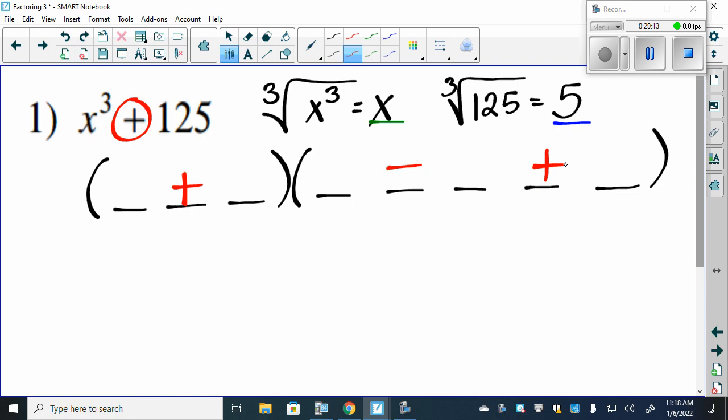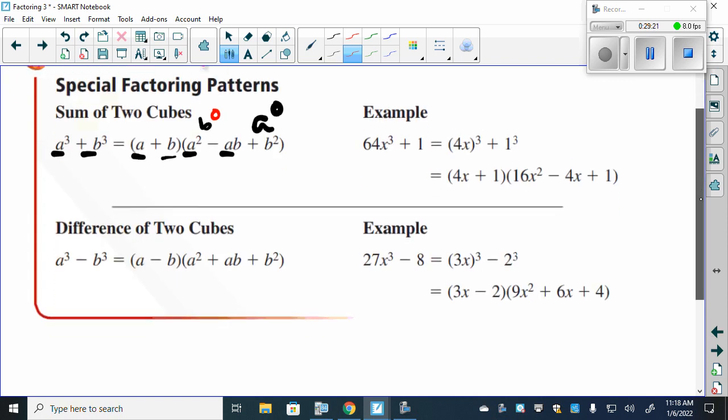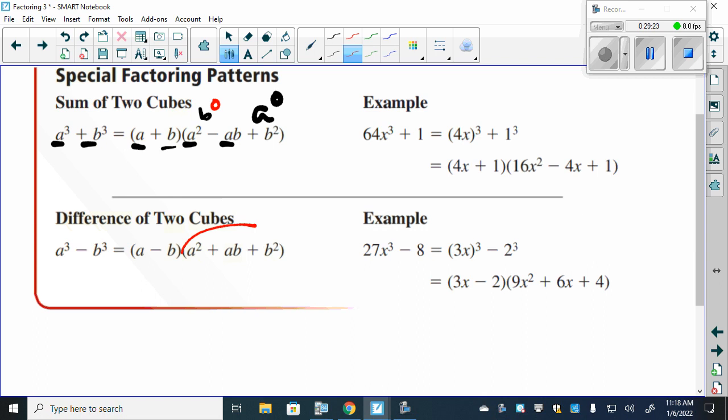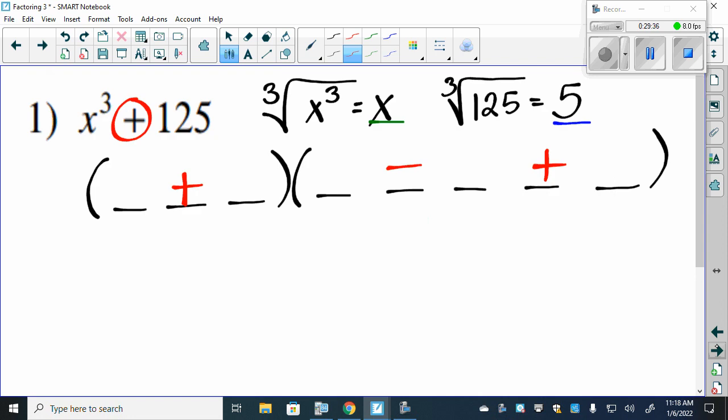And with any of these, we're going to work out to have 2 addition signs and 1 subtraction sign. If it starts out as a cubed minus b cubed, we have 2 inside the bigger set. Does that kind of answer that? Any other questions before we start plugging in our first set of terms?